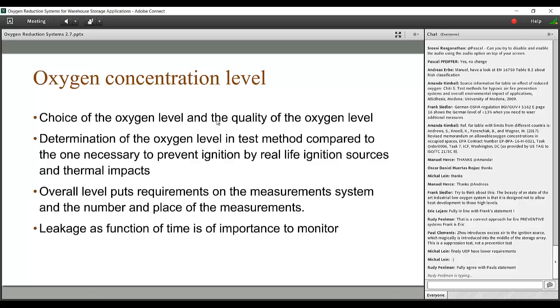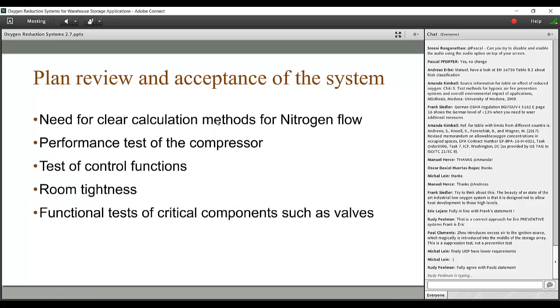And all of these need to be thought about in terms of the mechanisms to maintain appropriate oxygen concentration over time.